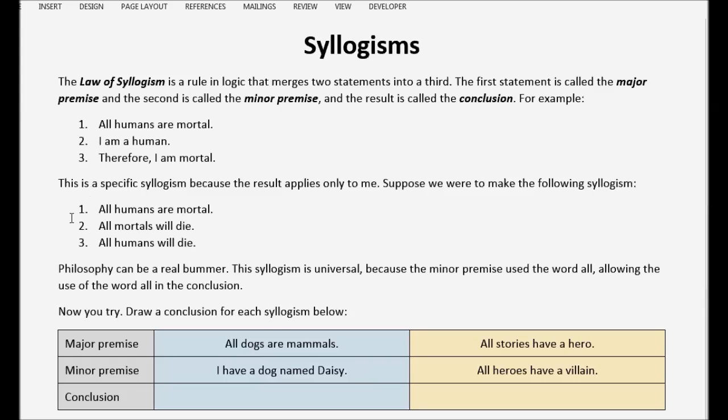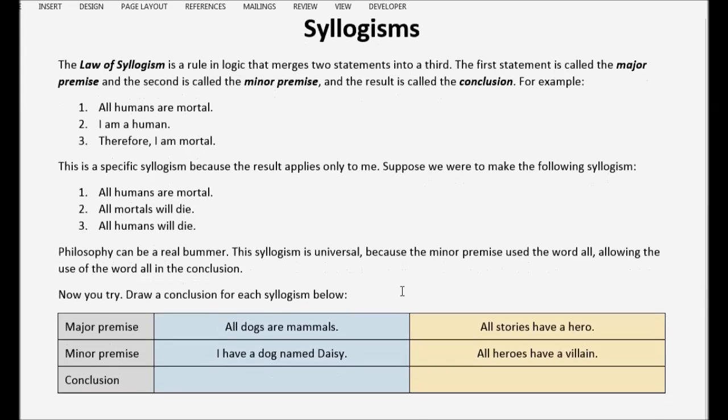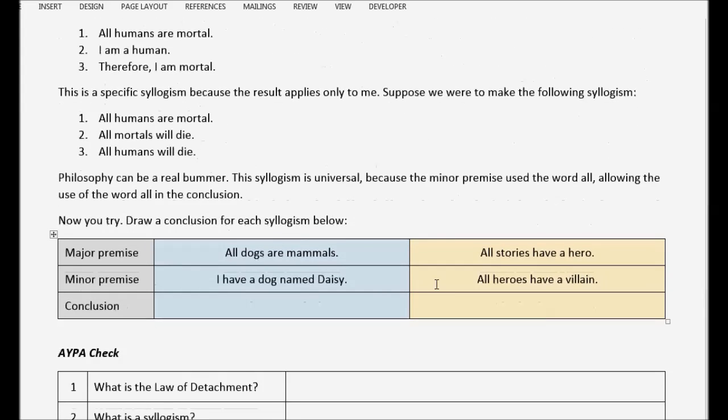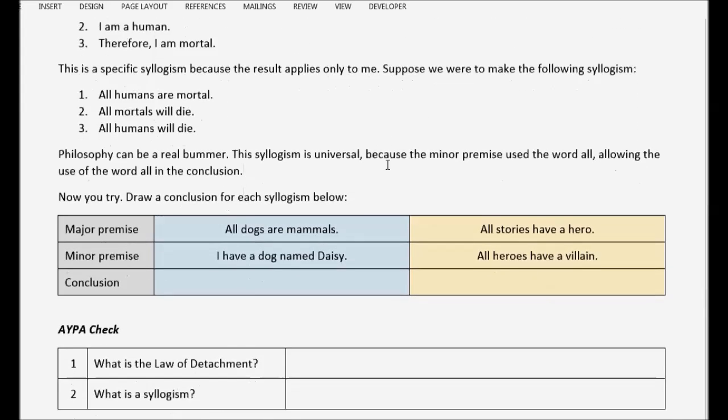This syllogism is universal because it contains the word all in it. This syllogism is specific. It is not universal because it contains the word I, a specific person or a specific creature. And it's because the minor premise is specific that the conclusion is specific. Here the minor premise is universal, so the conclusion is universal too. We'll go over these examples in the solutions video.